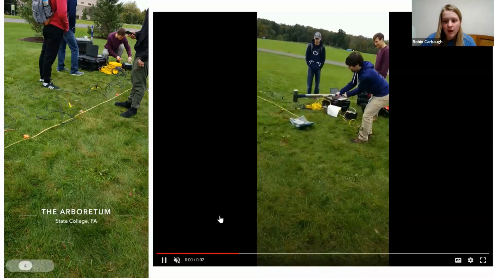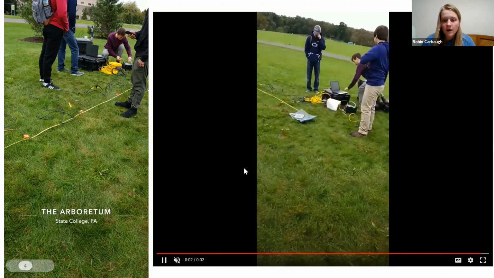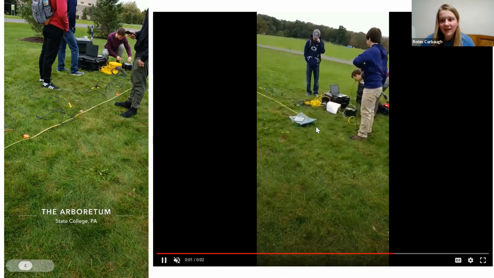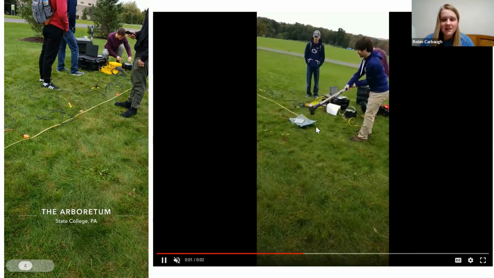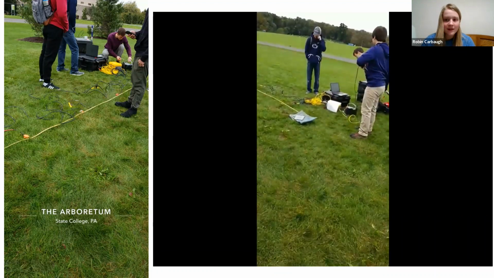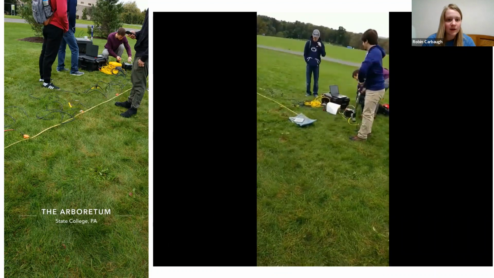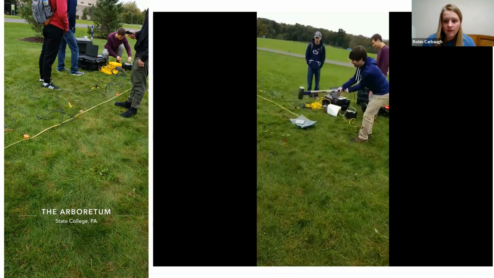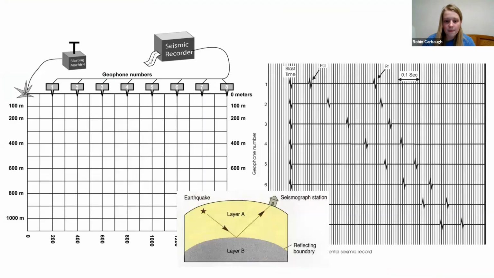We were just hitting a block with a hammer to give us data, and it works fine. That was the surface here. We would have geophones all along there, and they'd spit out the data.